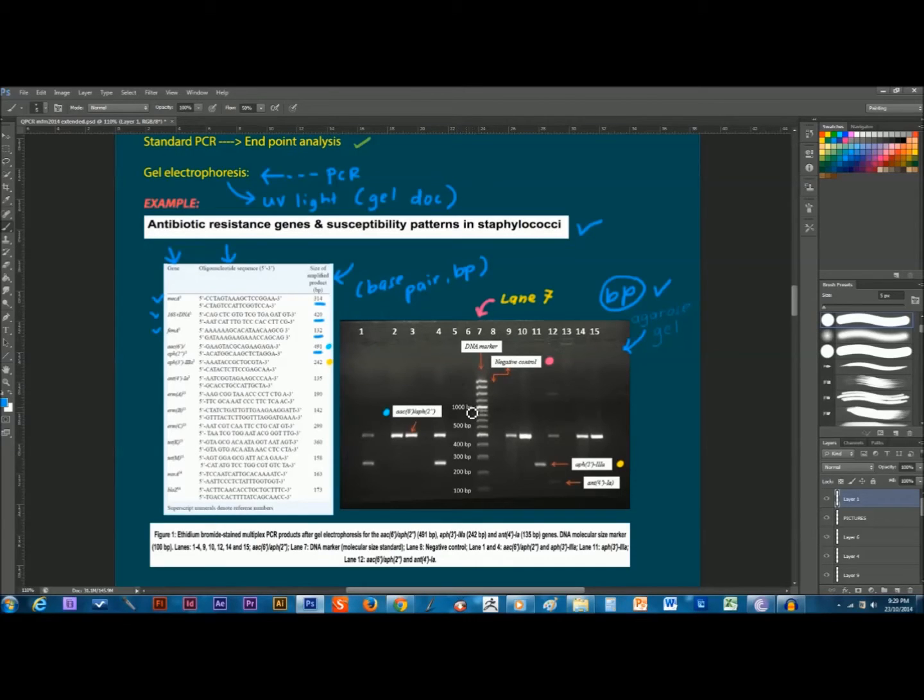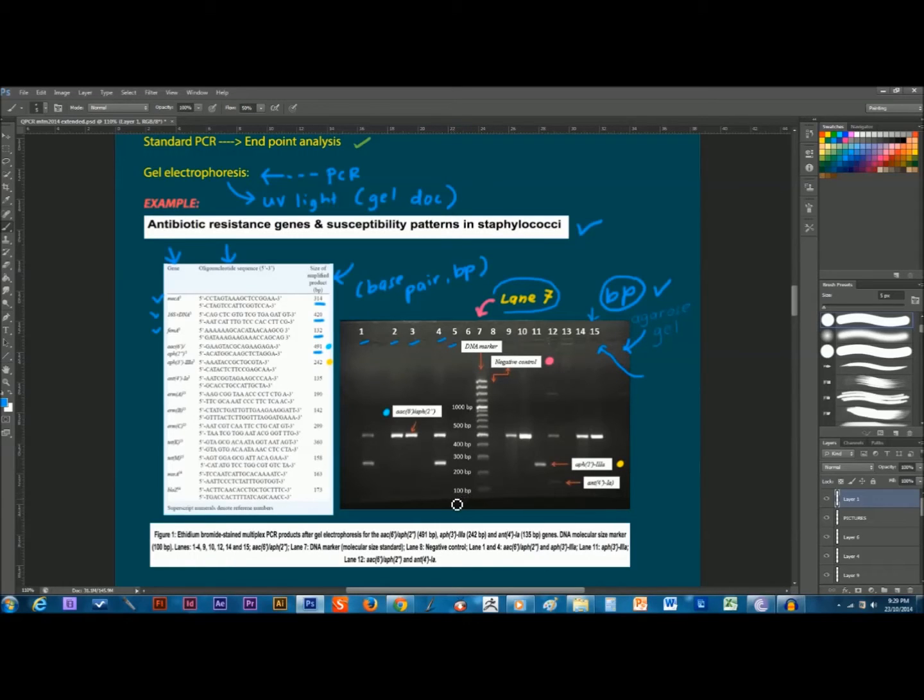So in this image, this agarose gel consists of several lanes. Okay, so this is a well, and this has 15 lanes. That means up to 15 samples can be used. Okay, in lane 7, this is the DNA marker, 100 base pair DNA marker.